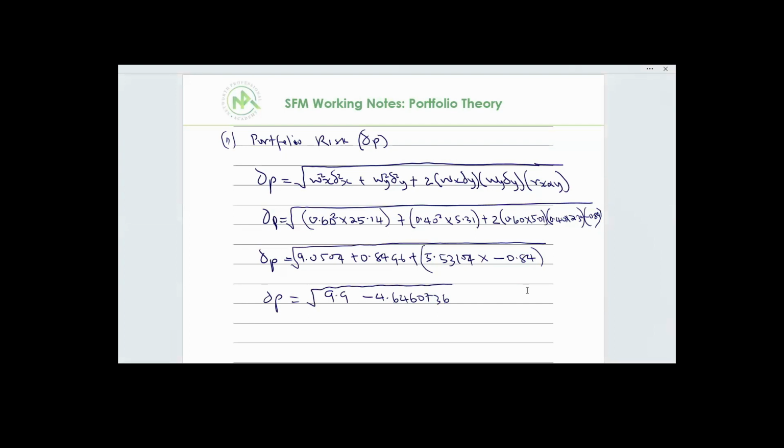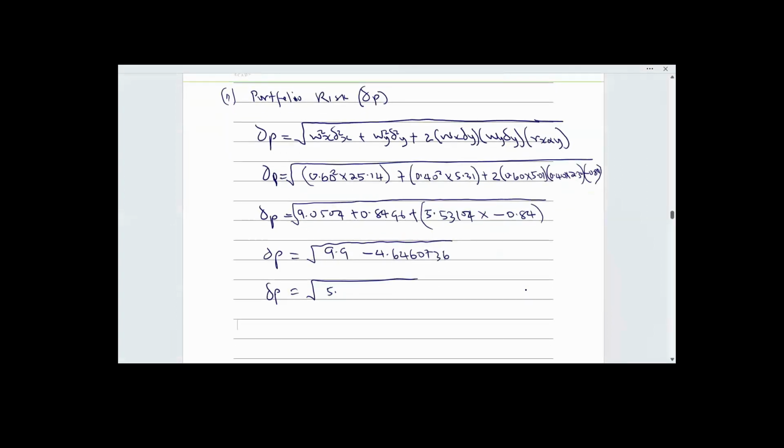Therefore, 9.9 minus 4.6460736 equal to 5.2539264. So the risk of the portfolio will then be the square root of that, which is 2.29.